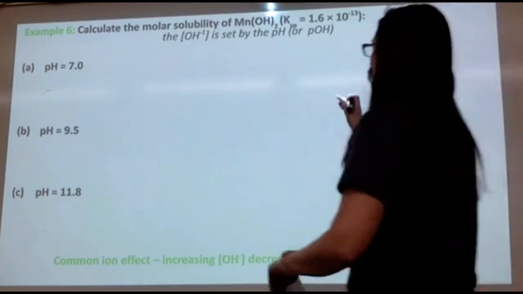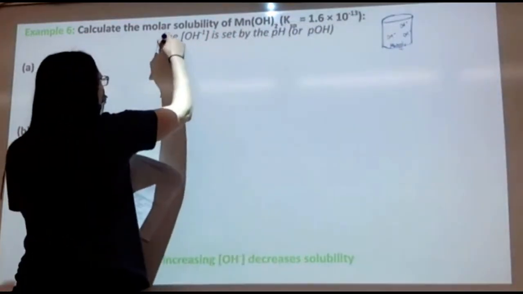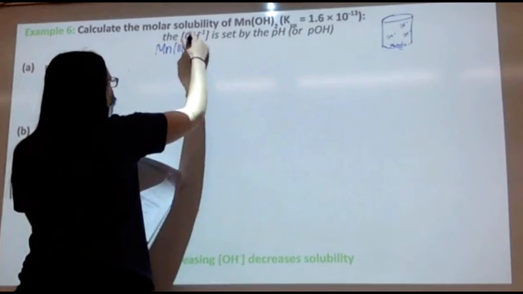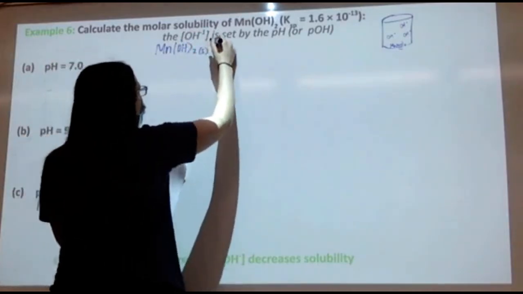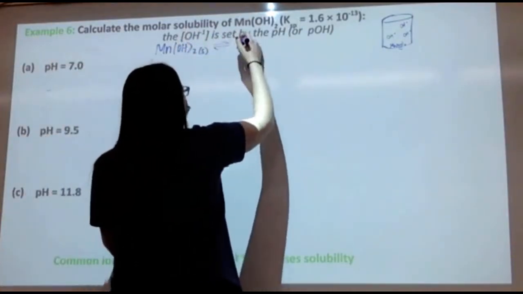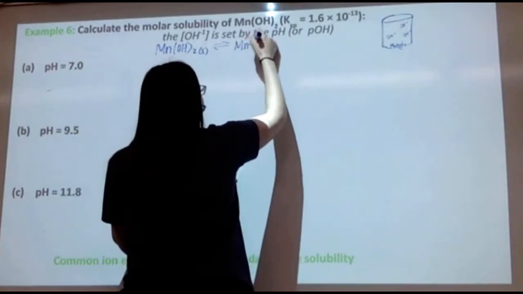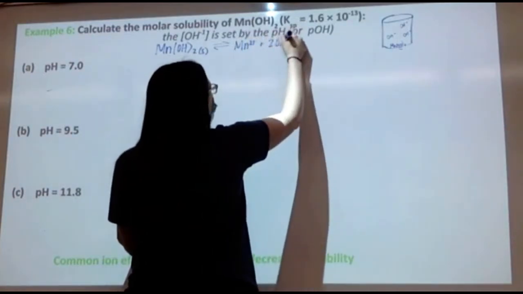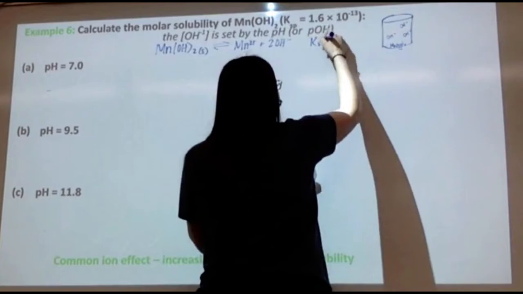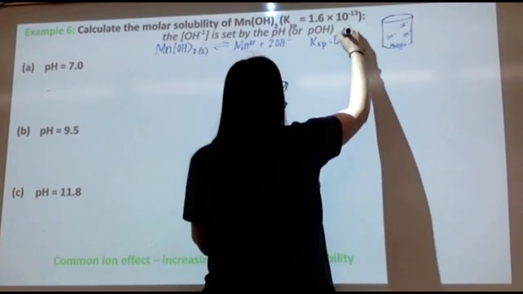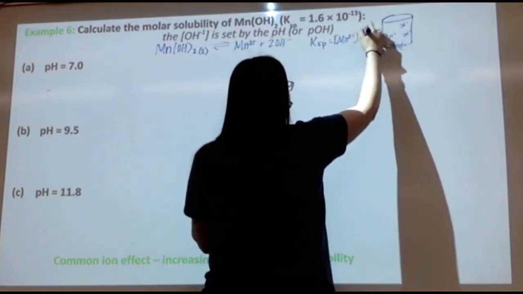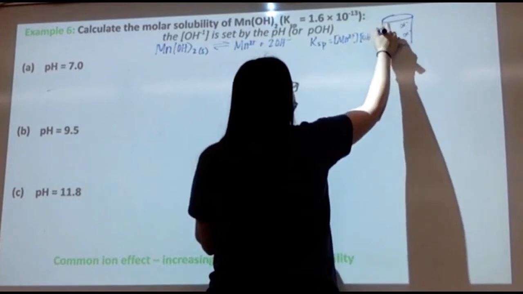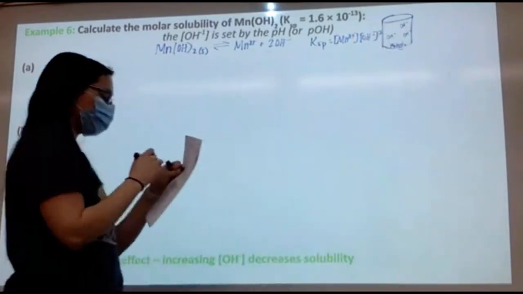So let's start by writing the equilibrium for manganese hydroxide. Manganese hydroxide is a solid at equilibrium with Mn2 plus and 2 OH minus. If I write the Ksp expression, it's Mn2 plus times OH minus squared.